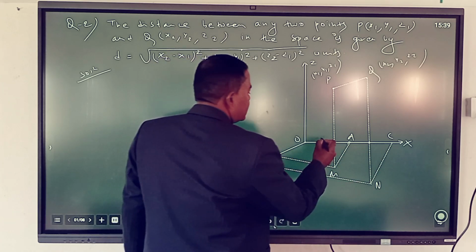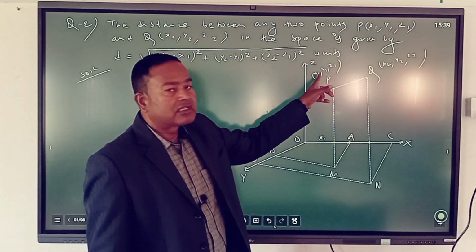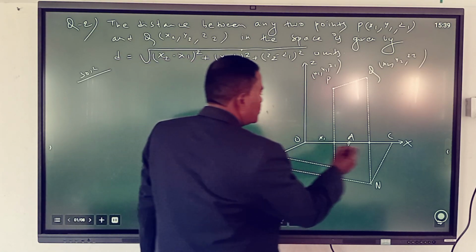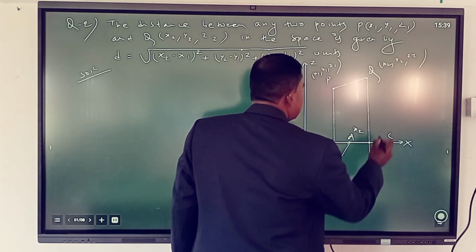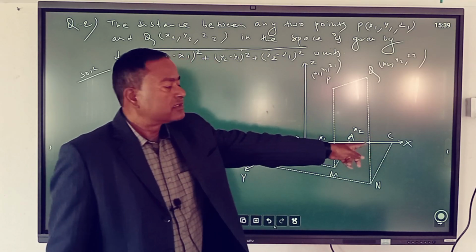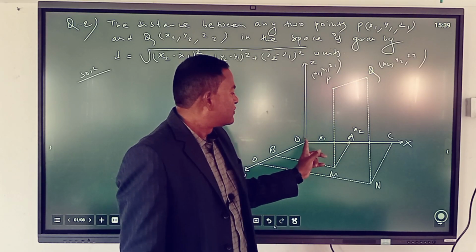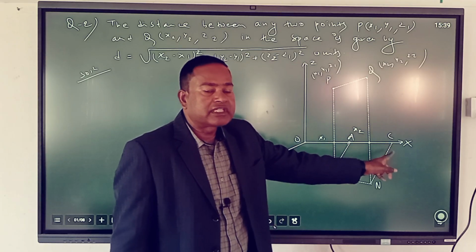So OA represents the x coordinate of the point P, that means x1, and OC represents the x coordinate of the second point Q. From O to A we have x1 and O to C we have x2.